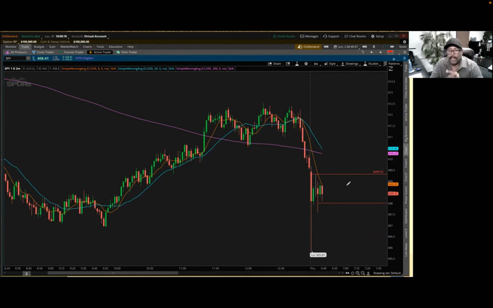We are a little bit of ways away from the 20 still, but it's the morning, it's the first hour of trading. We don't know if it's trying to get back to the 20, because we haven't created enough data in this trade for it to say, hey, I need to get back to the 20 yet. Right now it just traded sideways over to the 8.